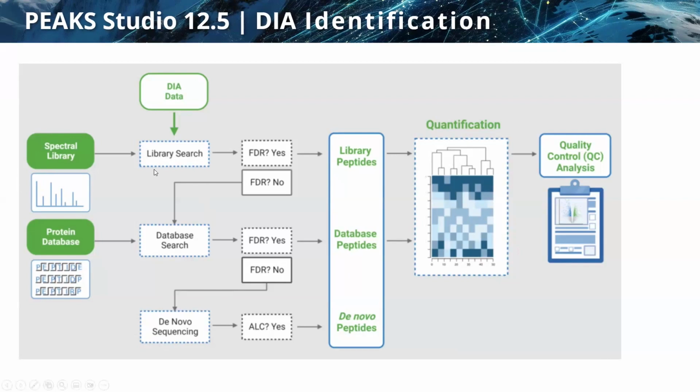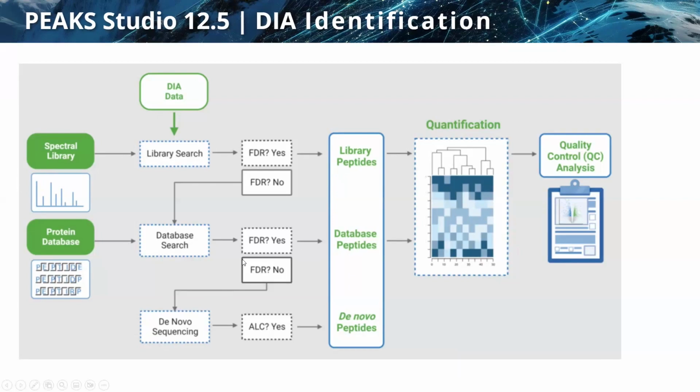Generally, the way it works is if you do a library search, anything that you identify in that step is going to be reported as a library peptide. Then anything not identified is going to move on to the database search. Anything that passes the filters will be reported as database.